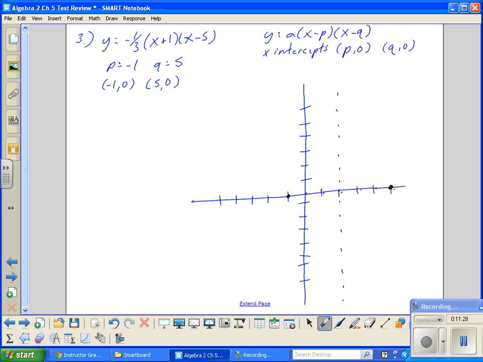So for my vertex, the x has to be positive 2. Now I can plug that in. y equals negative 1/3 times 2 plus 1 times 2 minus 5. So y equals negative 1/3 times 3 times negative 3.